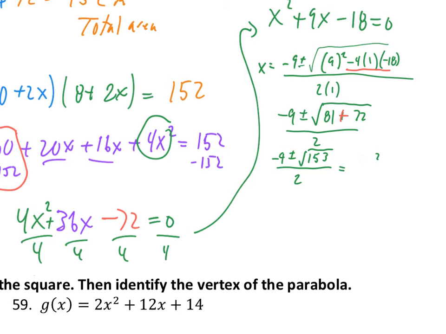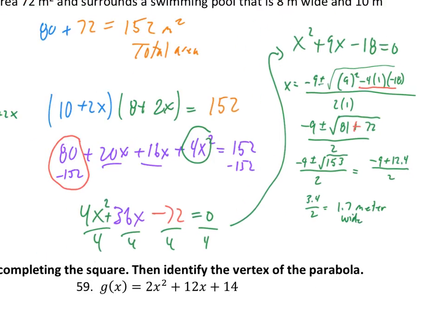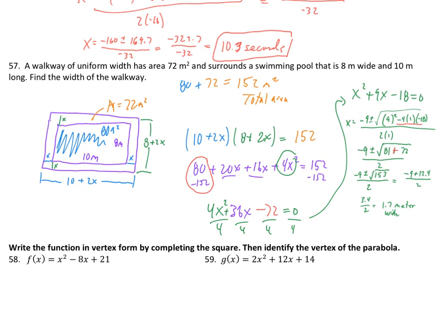That's going to do plus, so 12.402. That'll be 3.4 divided by 2 equals 1.7. That means the sidewalk is 1.7 meters wide.